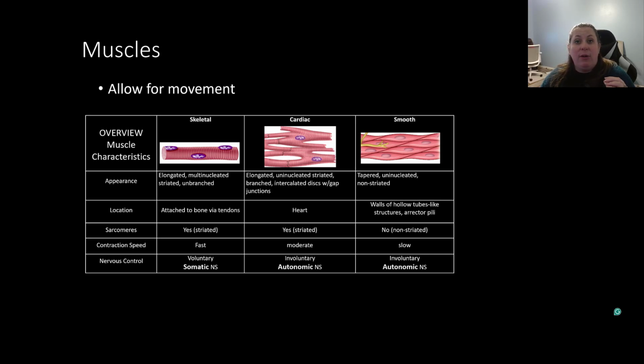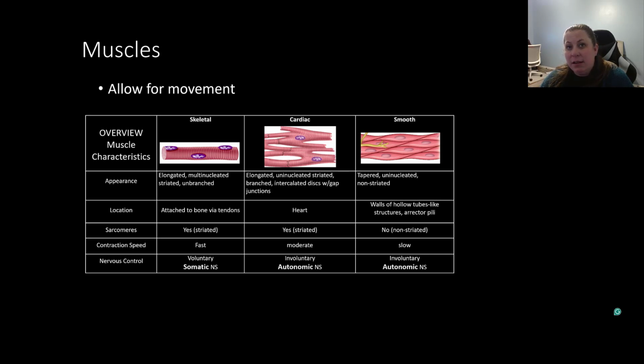If we have moderate or slow speeds, we don't get cramps in those muscles, but you can in the fast ones like your skeletal. When we look at the moderate speeds here, this is also going to be based on your autonomic nervous system, automatic system. You do not have conscious control over that. Your brainstem has an area that's going to help maintain your heart rate.